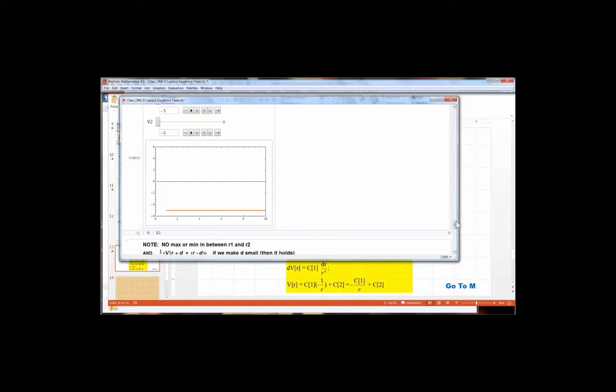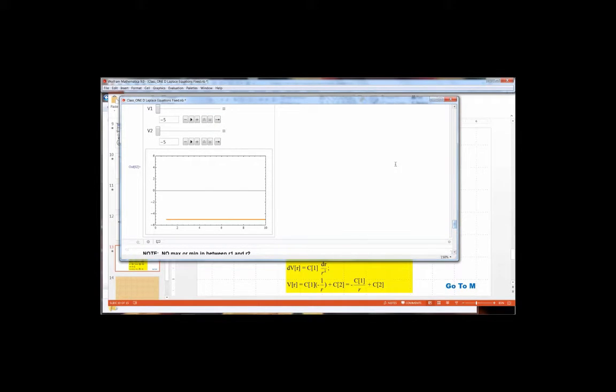Here's the resulting plot, and we start with these two equal, and I just use the same values. So I have minus v1 and minus v2 at minus 5, minus 5, and so that's what we have here. So this is the inner radius, this is the outer radius. So let's do the same thing. We bring this up. It has a different curvature, but it looks similar to the cylindrical capacitor.